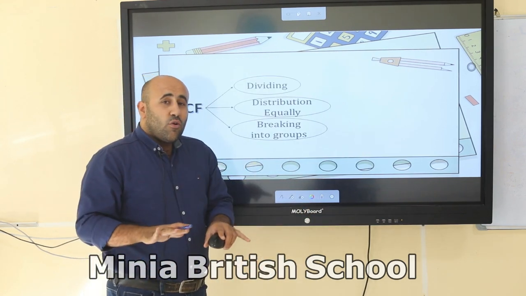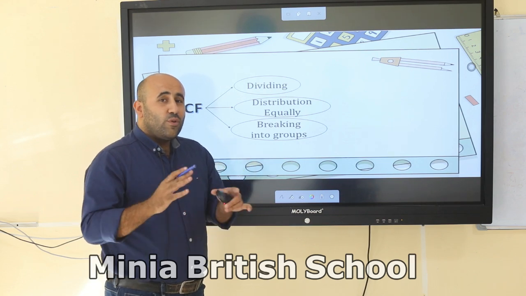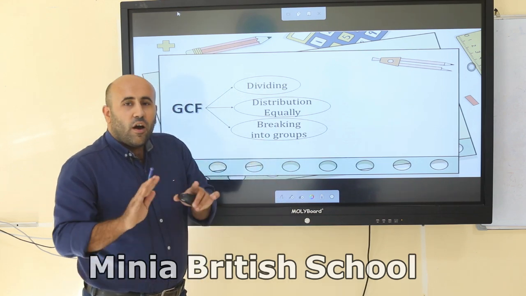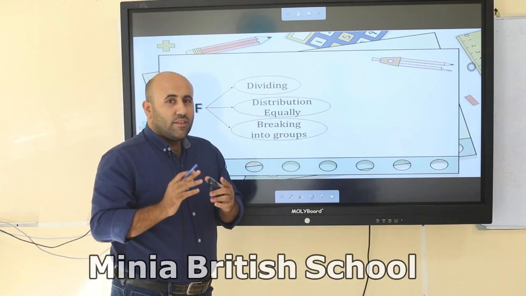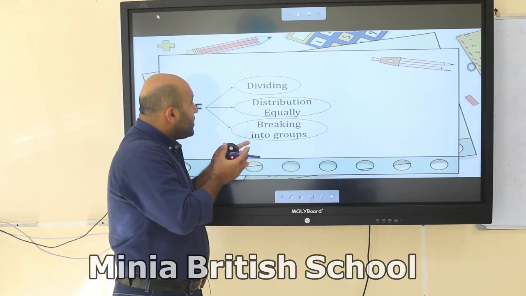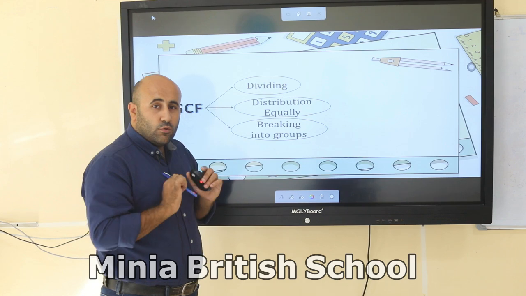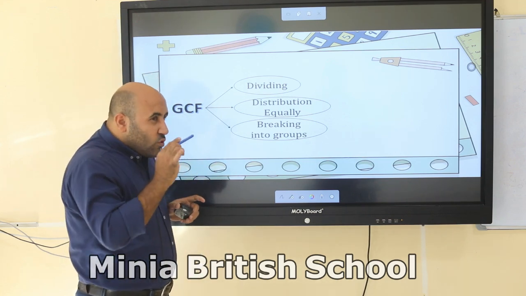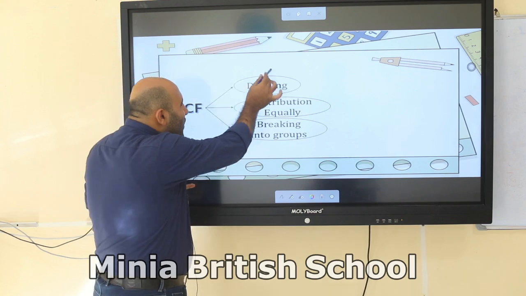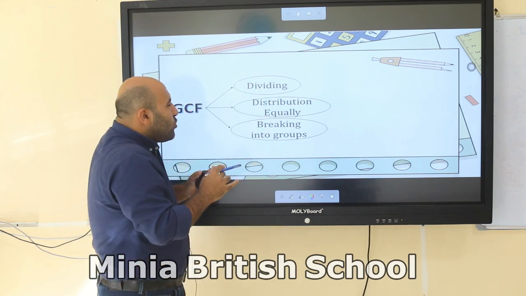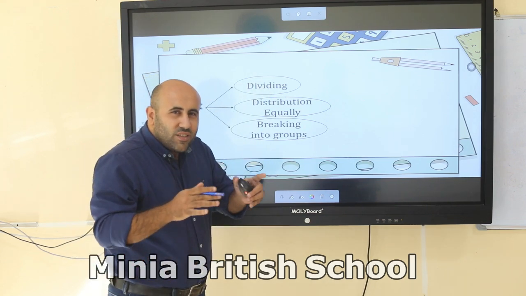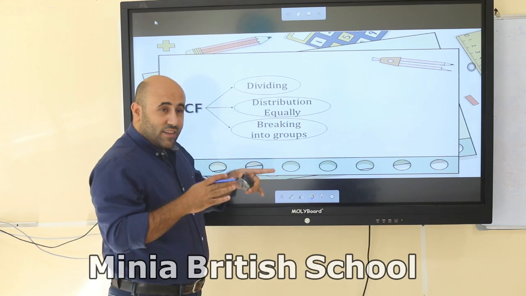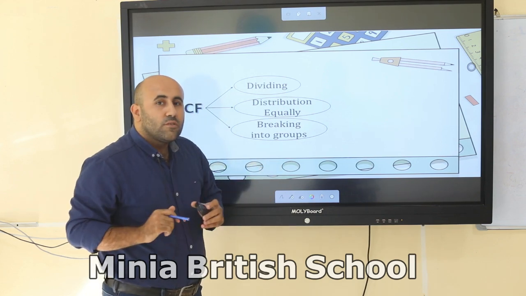In the case of story problems where I use the GCF or LCM, I must find keywords that help me decide which one to use. For example, we always use the GCF when I divide or distribute any quantity equally, or break numbers into groups.